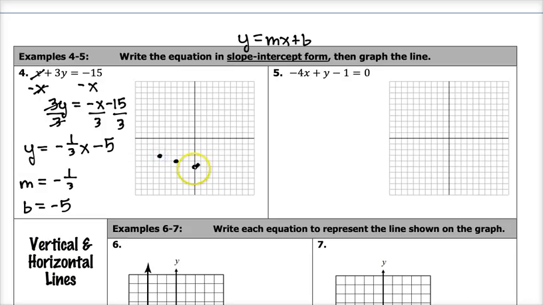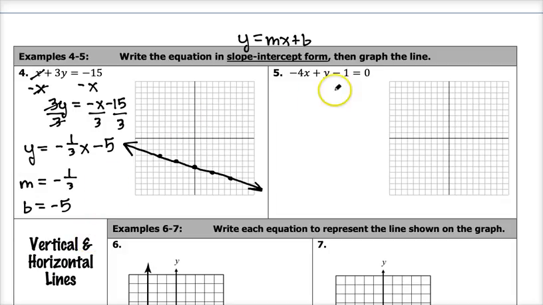I also have the option of going down 1 and right 3, which will also result in a decreasing line. And once I get a few points on here, I can, with a straight edge, connect my points to get a nice line across the coordinate plane.